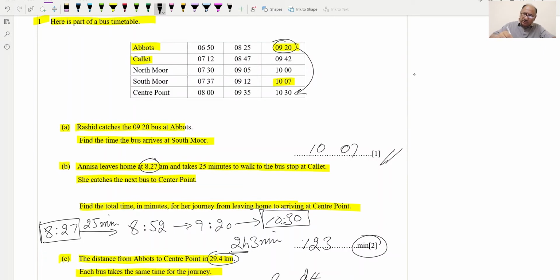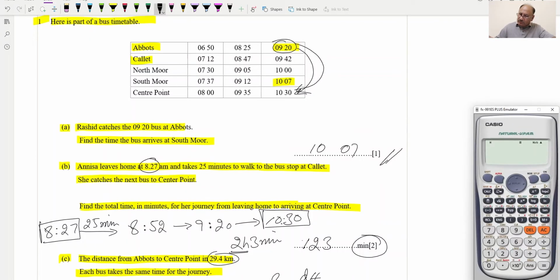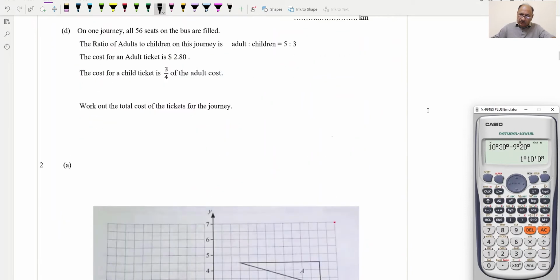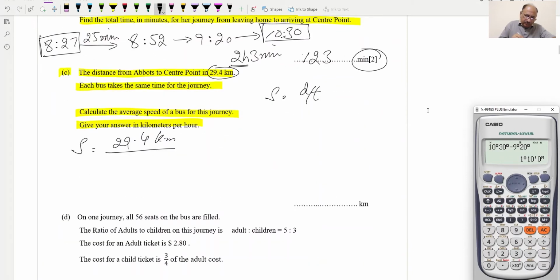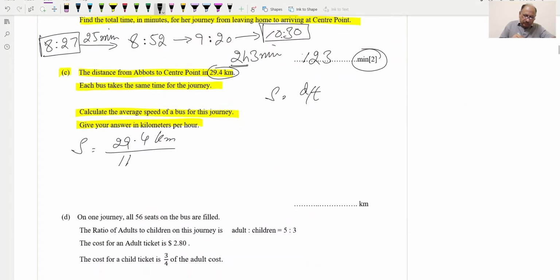So like I'm checking for this one, and this will be 10 hours 30 minutes minus 9 hours and 20 minutes, and it's taking 1 hour and 10 minutes. So the time we can write is 1 hour 10 minutes.